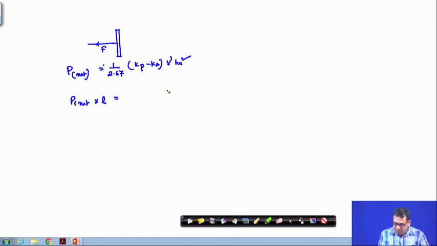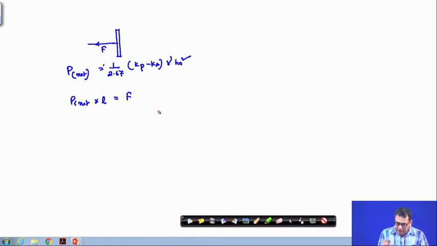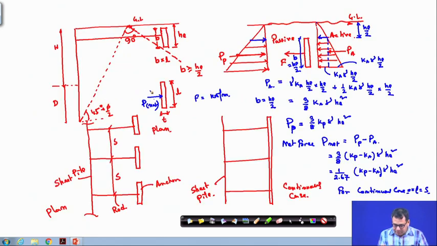Similarly, this is not F, this is P net. So, this is the P net into L. Similarly, F into S, where S is the spacing between the rods.